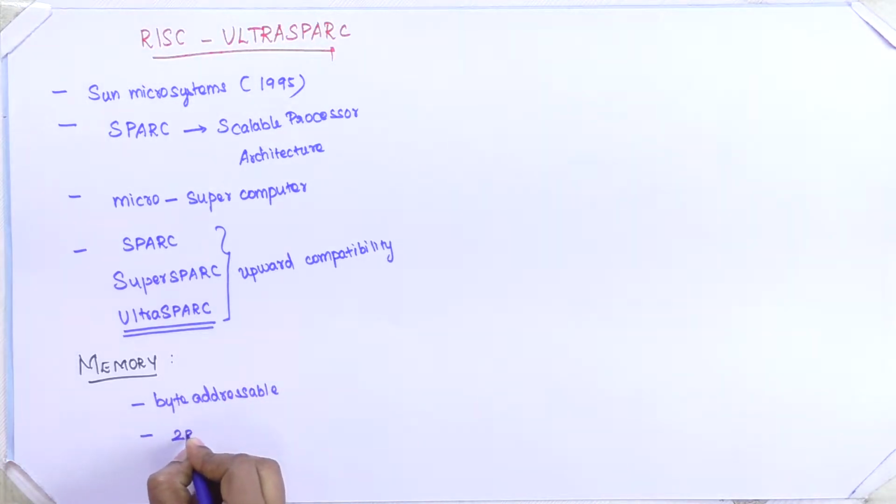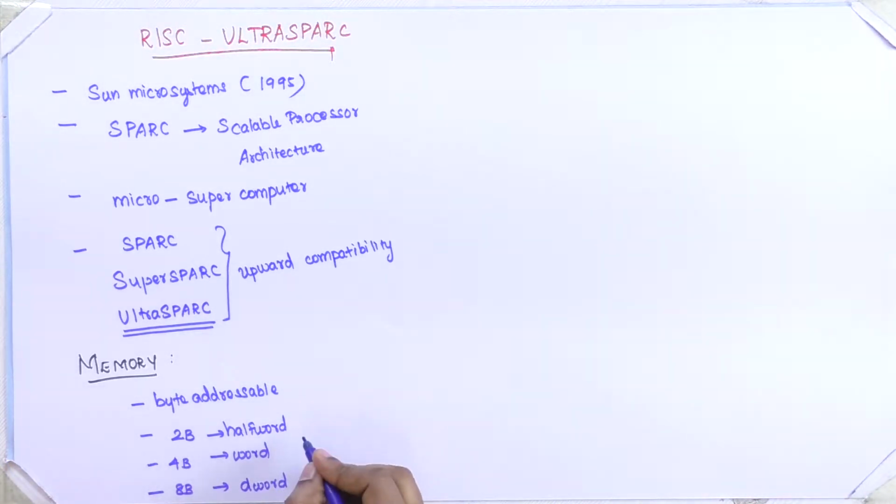Two consecutive bytes form a half word, 4 consecutive bytes form a word, and 8 consecutive bytes form a double word or D word. Regarding alignment, half words are stored in memory beginning at byte addresses that are multiples of 2, whereas words begin at addresses that are multiples of 4, and double words begin at addresses that are multiples of 8.